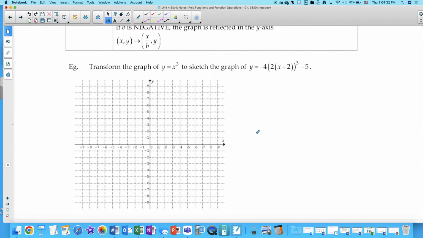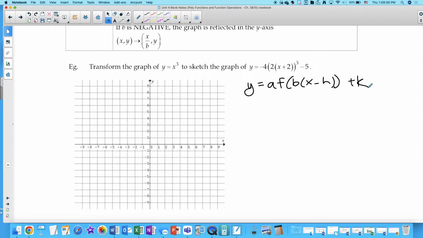Okay, so this is actually in our form y equals a f of b times (x minus h) plus k. If we think about our mapping notation and what the value of all of those parameters are, then we can take our base function and find other points, and connect them to make a graph.